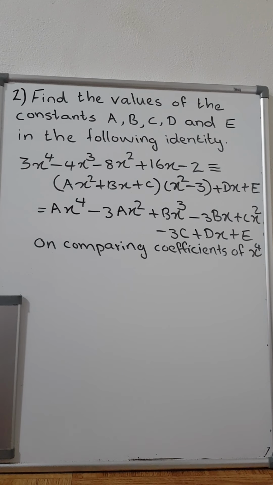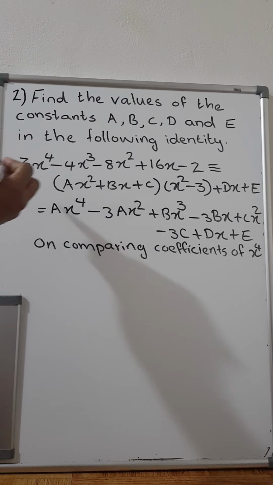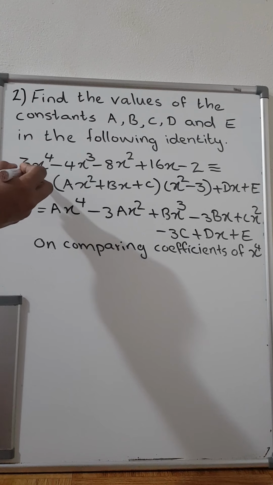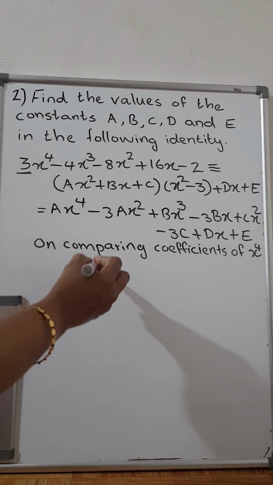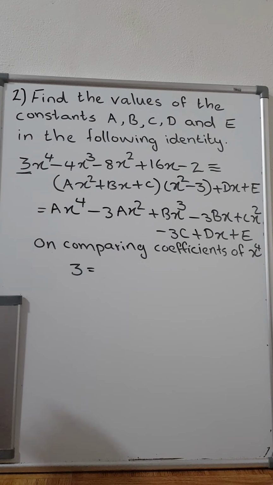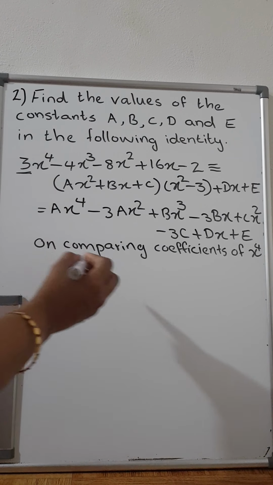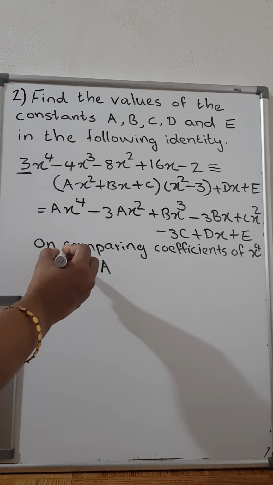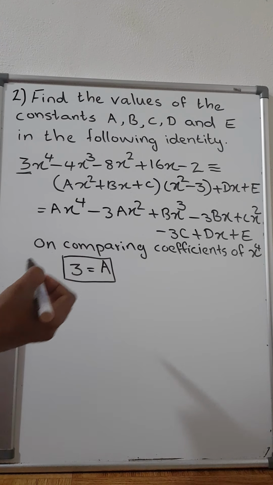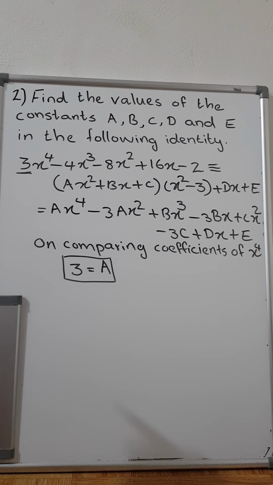On the left hand side the coefficient of x to the power 4 is 3. On the right hand side the coefficient of x to the power 4 is a. So we get a is equal to 3. Now we will compare the coefficients of x cubed.